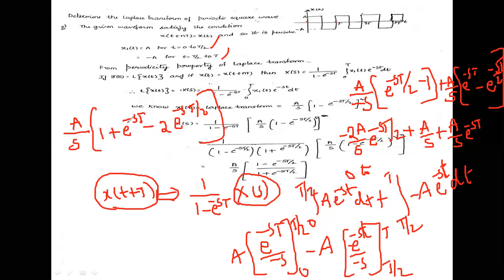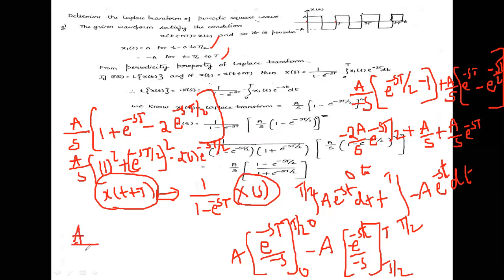Take this a, and this one is a square of the terms. The square of the term is e power minus st by 2. Write this function as a by s, 1 square plus e power minus st by 2 whole square minus 2 into 1 into e power minus st by 2. So it's in the form of a square plus b square minus 2ab.